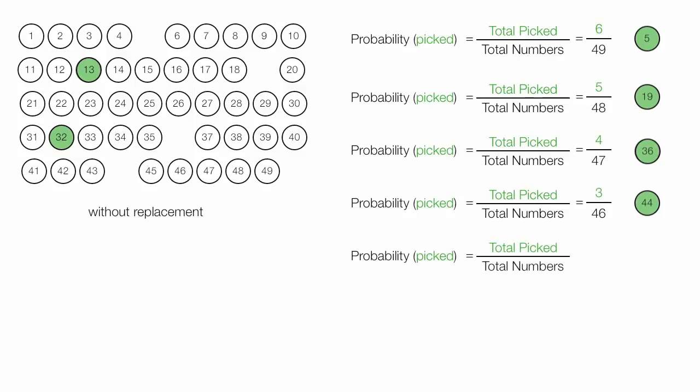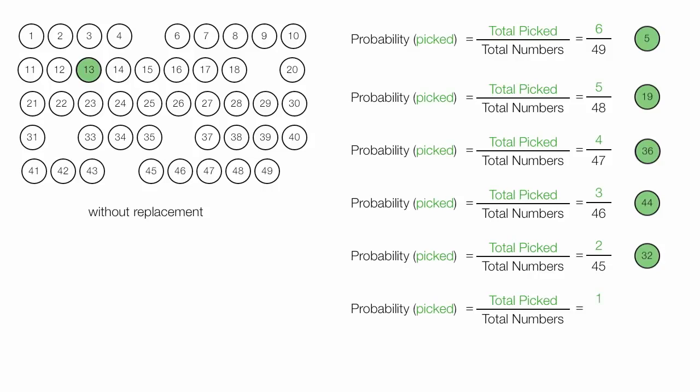I have 2 balls left out of 45 total balls. Let me bring that one over. So this isn't so bad. And now finally I have the last total picked out of total numbers. I have 1 ball left out of 44 possibilities. Let me bring that ball over.